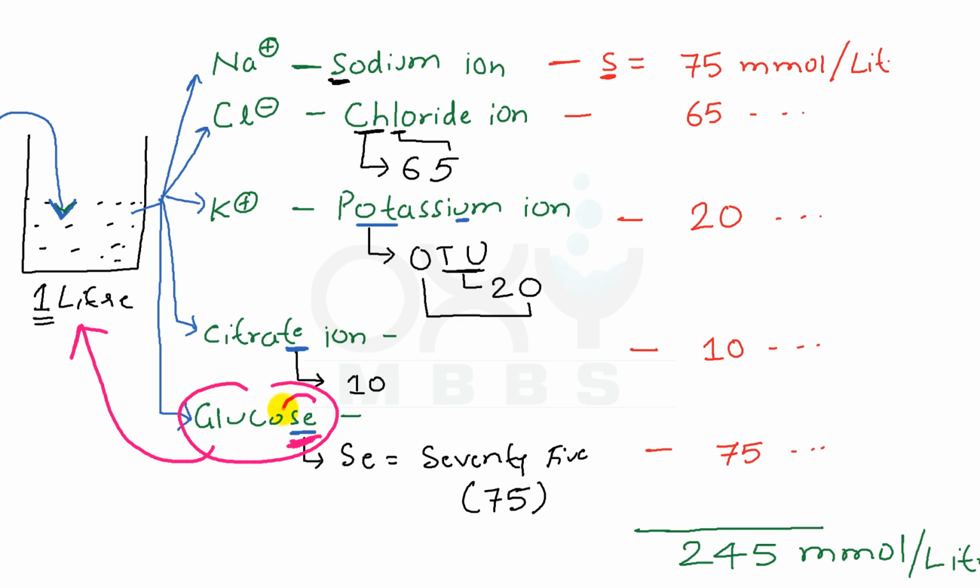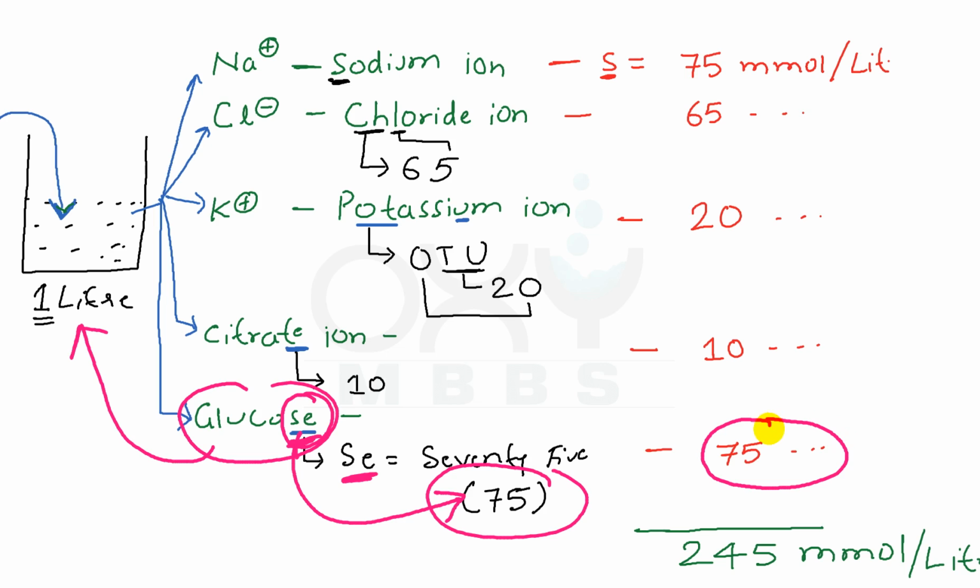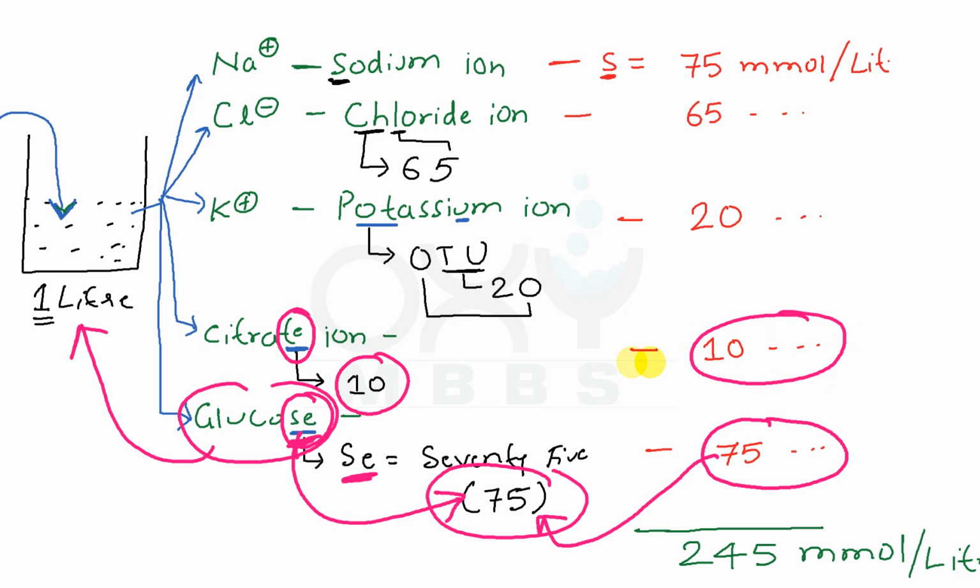Now from this SE you can easily derive this number 75. SE means number 75. It means 75 millimoles per liter is the concentration of glucose in 1 liter water. Similarly from TE in the citrate you can derive this number 10. It means 10 millimoles per liter of the citrate ion.